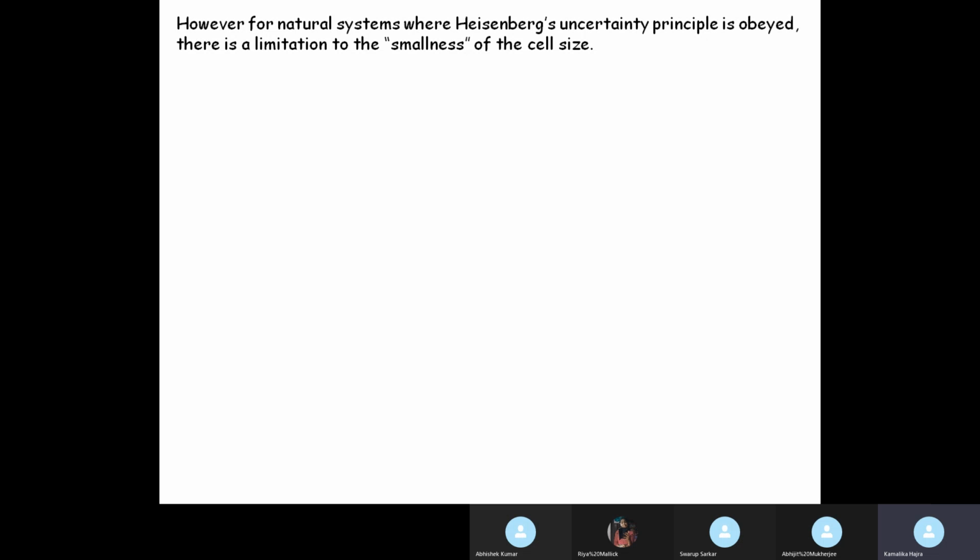However, for natural systems where Heisenberg's uncertainty principle is obeyed, there is a limitation to the smallness of the cell size. The size is restricted by these relations: dx dpx equal to h, dy dpy equal to h, dz dpz equal to h, and h is a fixed number given by Planck's constant. It's a small number, but nevertheless it's a finite number, and it is restricting the number gi into which you can divide up the available space.